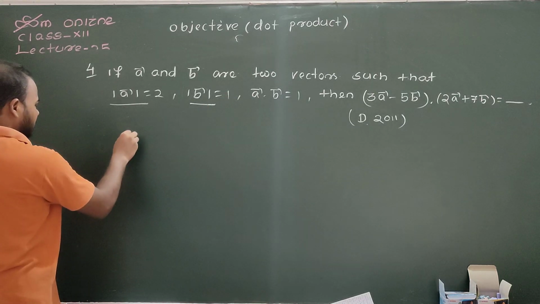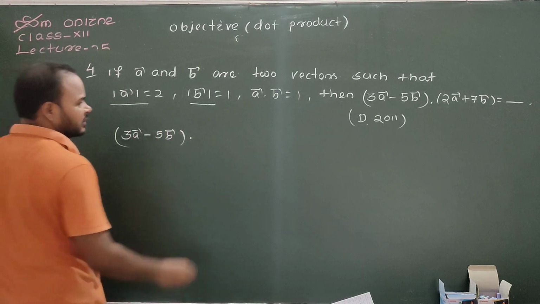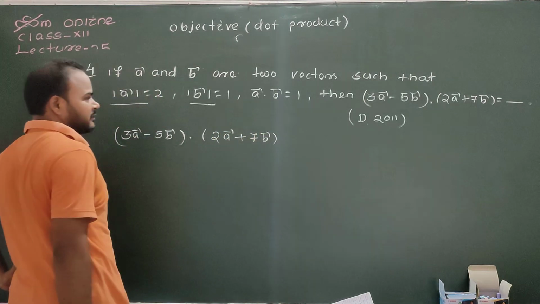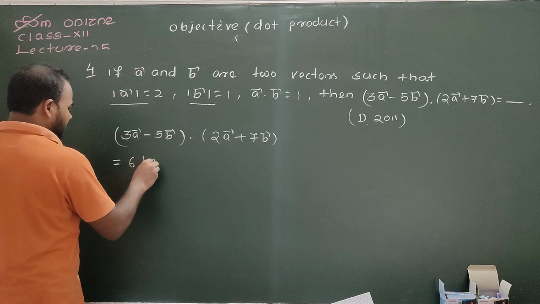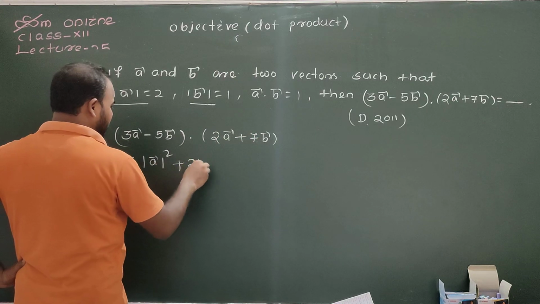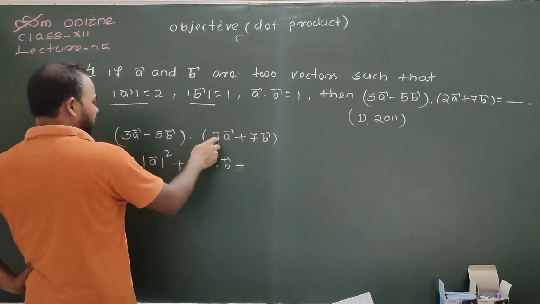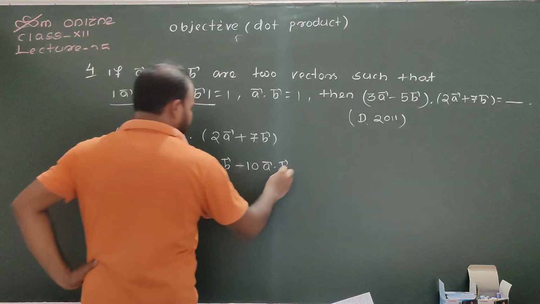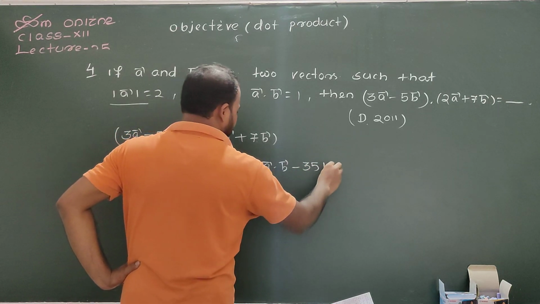So here we have to find (3A minus 5B) dot (2A plus 7B). The dot product is distributive over vector addition, so that is 3 times 2, 6, into magnitude of A square, plus 3 times 7, that is 21, into A dot B, minus 5 times 2, that is 10, into A dot B, minus 5 times 7, that is 35, into magnitude of B square.